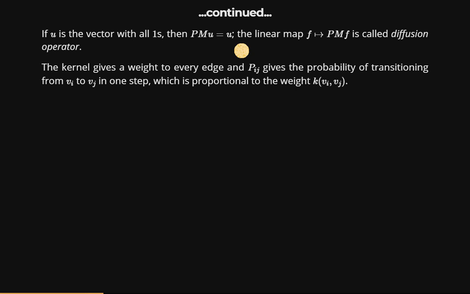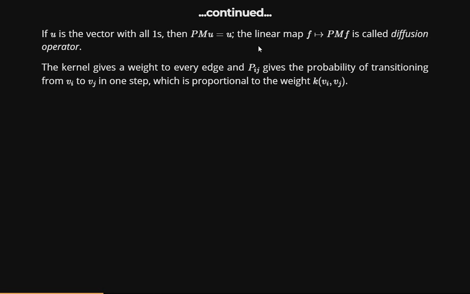Now, what is the meaning of all this? The kernel gives a weight to every edge, and Pij gives the probability of transitioning from Vi to Vj in one step, which is proportional to the weight of the edge and inversely proportional to how many choices you have from Vi, which is the degree of Vi, where we don't use the actual degree, but the sum of the weights that come into Vi times the importance of each destination.